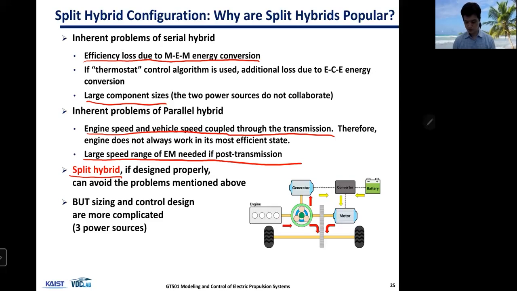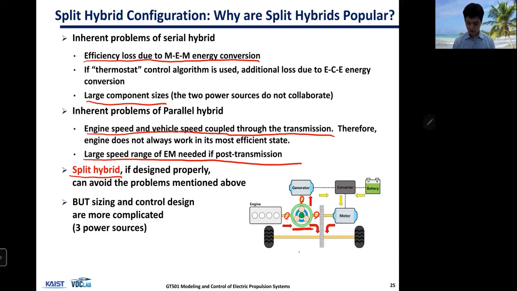So meaning that split hybrid wanted to avoid some of the disadvantages of series hybrid, and that was done by using this power split device, which is this mechanical gear set, and which usually has 3 shafts coming out of the gear set, which is connected to the engine, generator, and the wheel, where the motor is connected to the wheel.